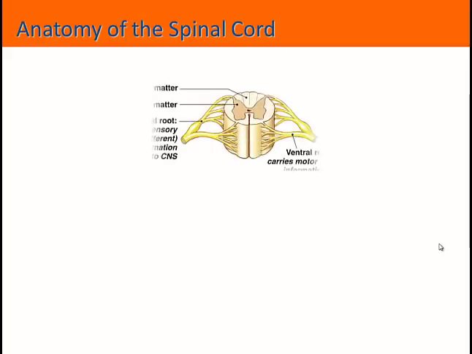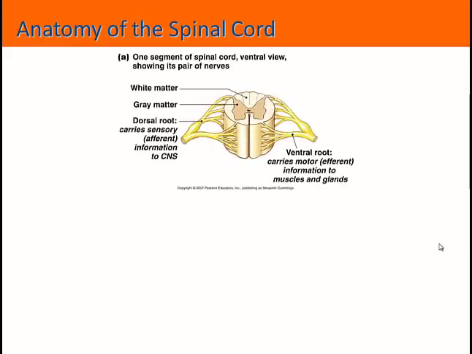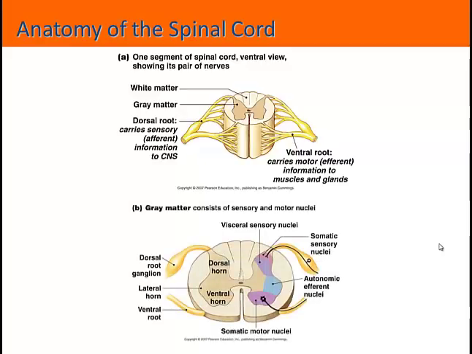Let's revisit a little bit of what we talked about last time in terms of the central nervous system, and that butterfly-shaped gray matter in the spinal cord. We've talked already about the horns of that gray matter. In the dorsal horn, we have nuclei that receive sensory information from the dorsal root of the spinal nerve.